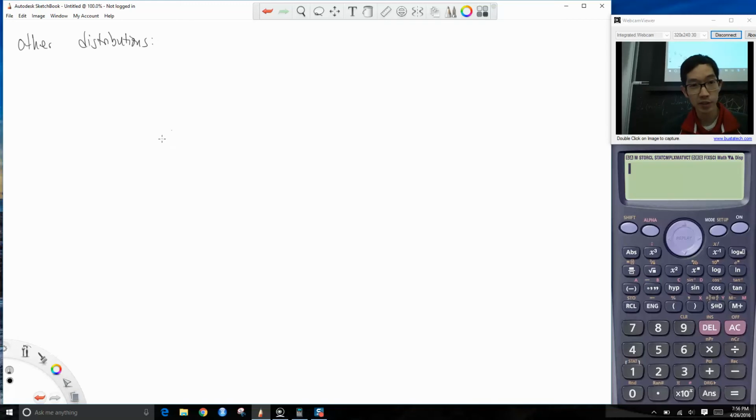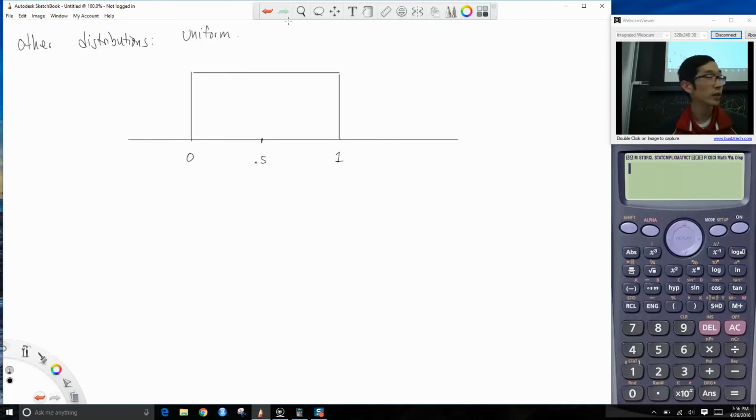So for example, I could have a distribution that looks like this. Okay. So this one would be called uniform. And what does this shape tell us?